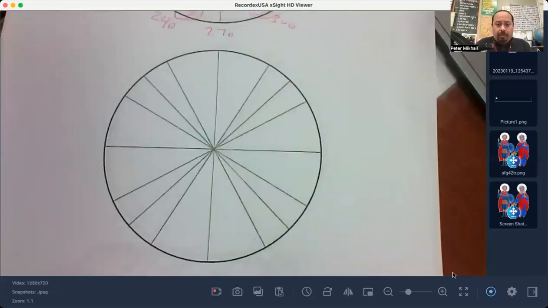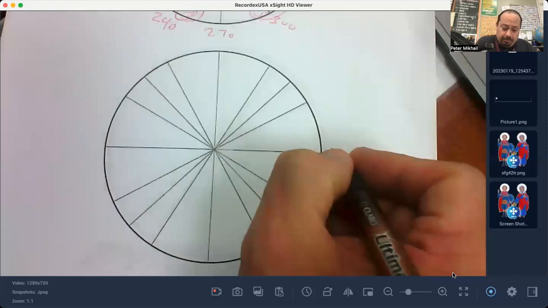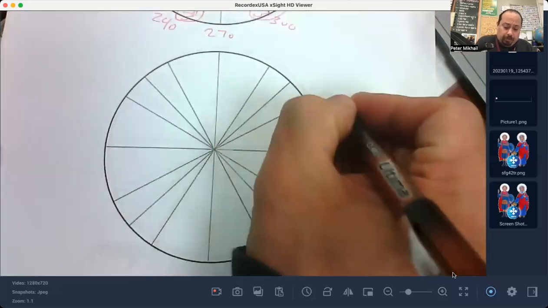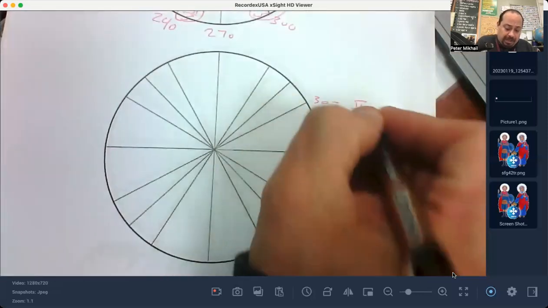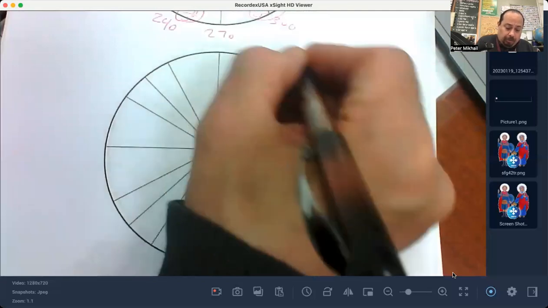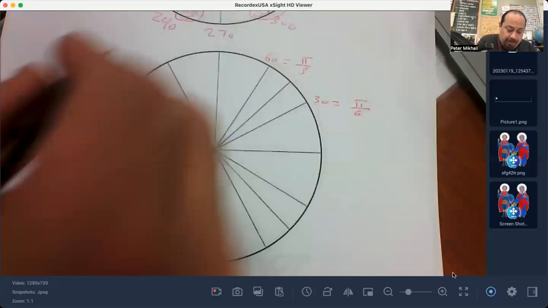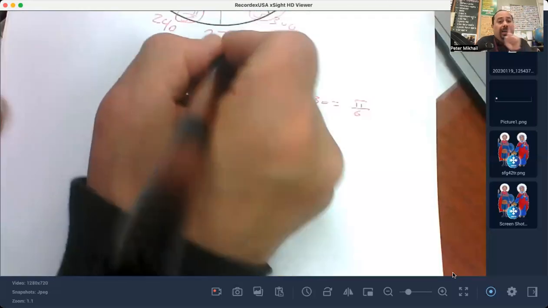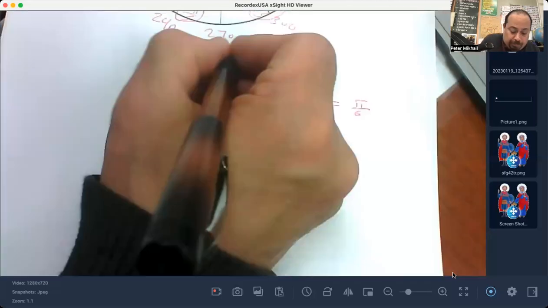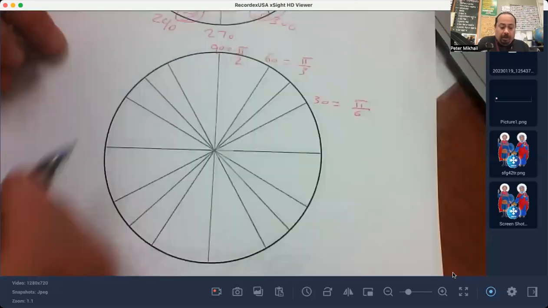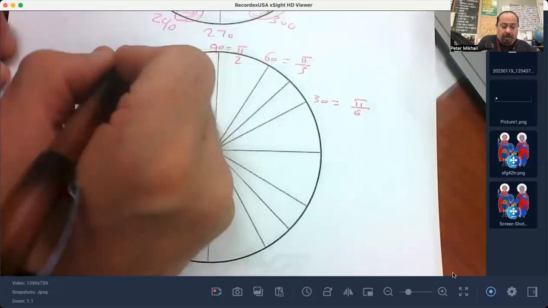So quick: that is 30, which is equal to pi over 6. That is 60, which is equal to pi over 3, or 2 pi over 6 simplified. 90, which is equal to 3 pi over 6, simplified gives you pi over 2. 120, remember, that's a 3.